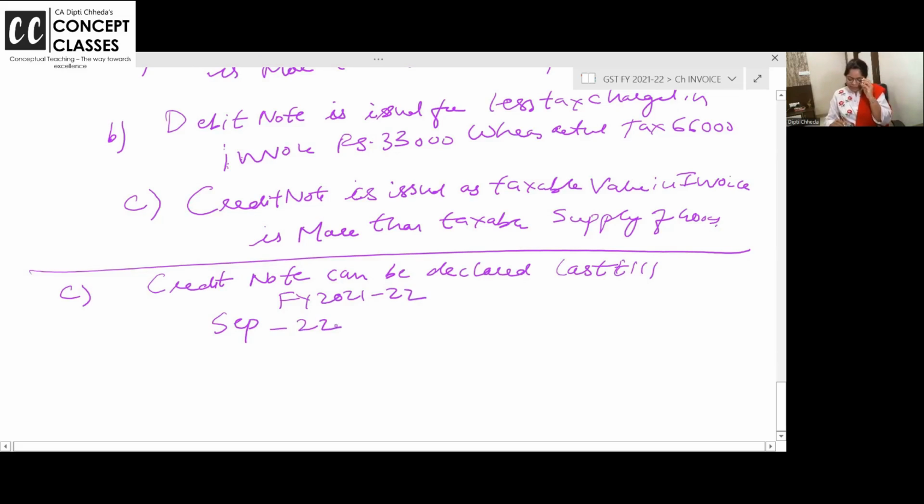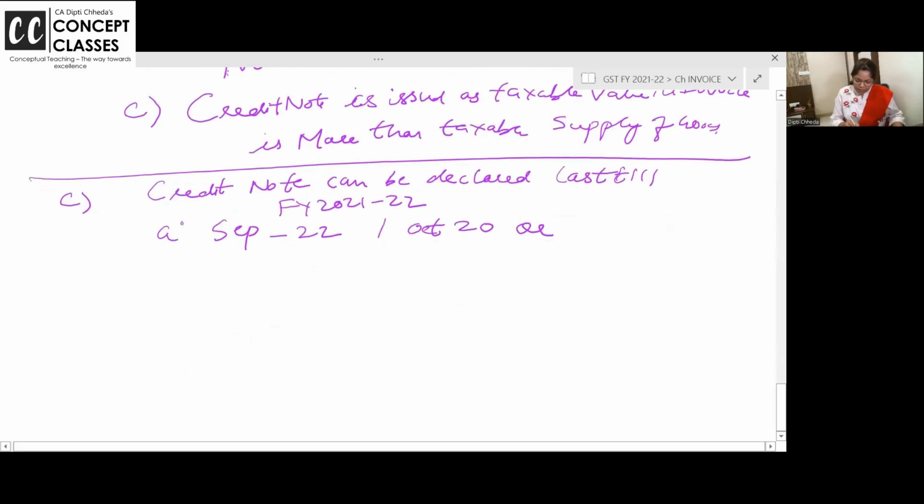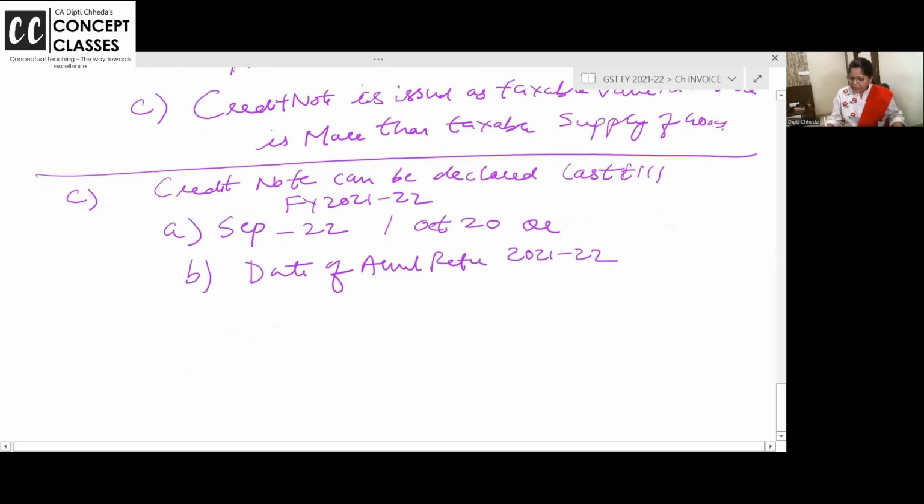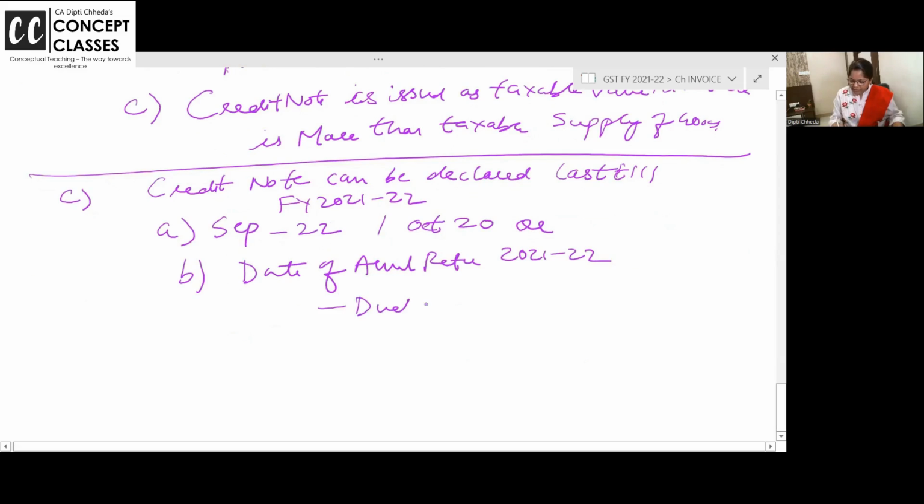September 22 का रिटर्न कब जाता है? October 20, और date of annual return of 21-22, जिसका ड्यू डेट क्या है? डेट ऑफ एनुअल रिटर्न मैक्सिमम December 22, whichever is earlier. Write down the answer.